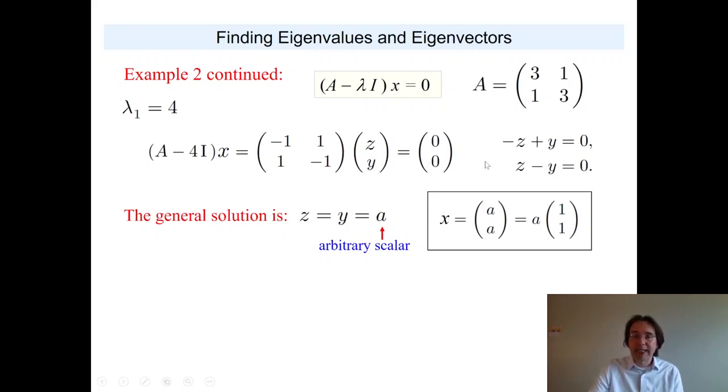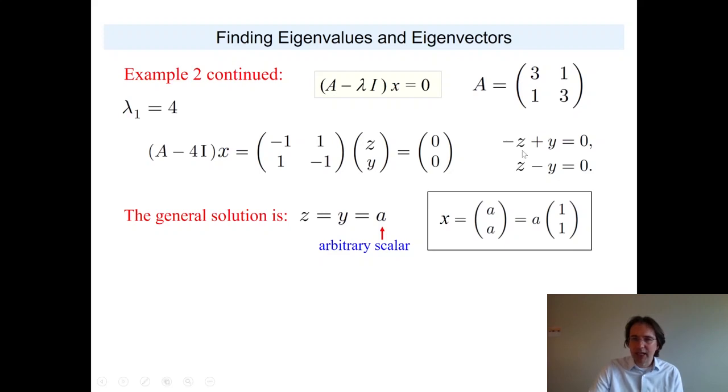Let's rewrite this as a system of linear equations. How do we do this? Minus 1 multiplied by z plus 1 multiplied by y, first equation. Second one: 1z minus 1y is equal to 0, second equation.